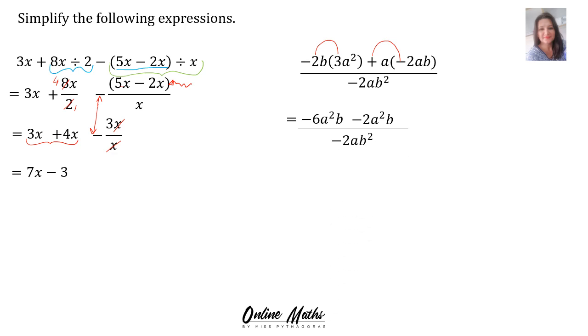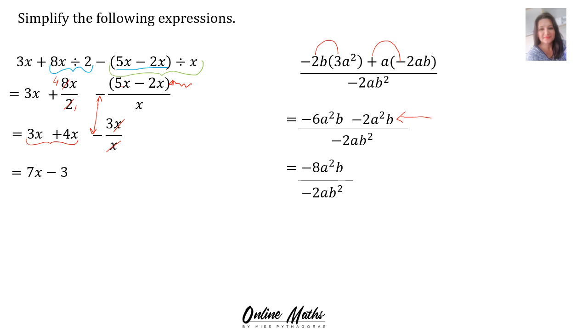Everything over minus 2ab squared. And then on top here, on the numerator, they are like terms. They are both a squared b, so you can add them. So negative 6a squared b, negative 2a squared b is negative 8a squared b. Everything over negative 2ab squared.